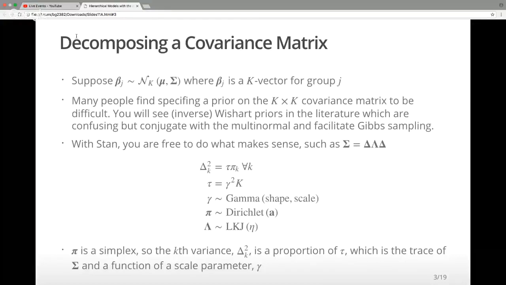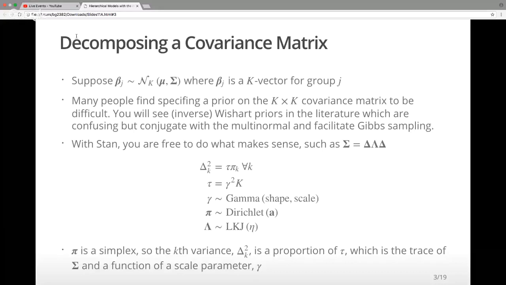And if you scale your outcome such that a unit exponential prior is reasonable for this gamma, then that's a fine thing to do. In some cases, you might have some intuition as to what is the overall variance. In some situations, you're going to want to constrain the overall variance to be 1 or to be k or something like that, in which case you could fix gamma to 1, and this would carry over into other sorts of models.